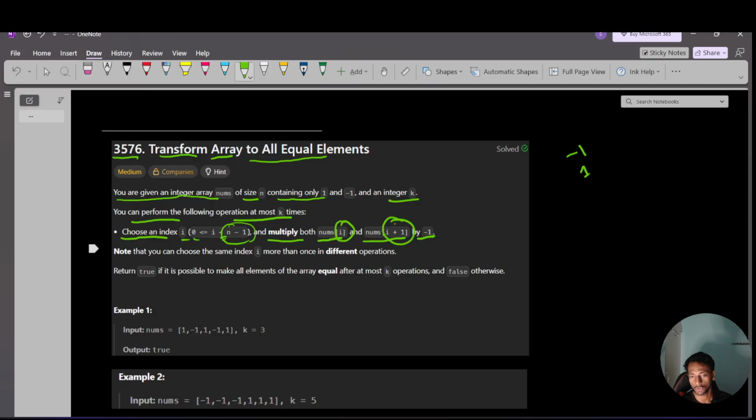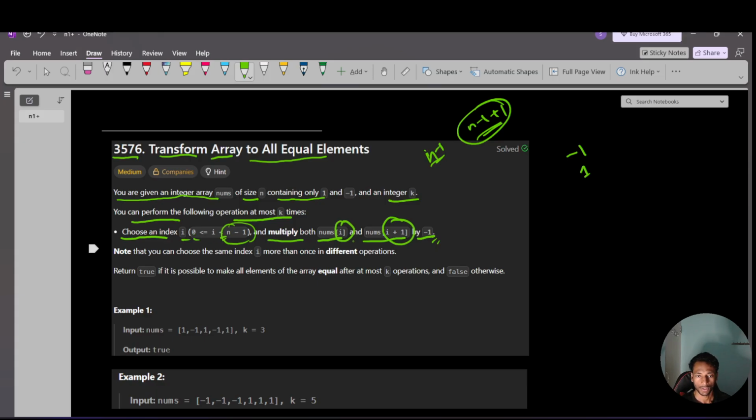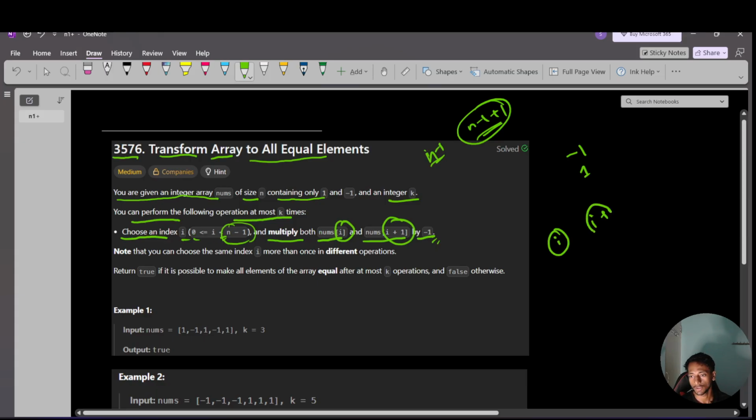So the next element should be present. If I choose n minus 1, then n minus 1 plus 1 has no element at that index, so it will give us an error. So the range of i is 0 to n minus 2, and multiply nums[i] and nums[i plus 1] by minus 1.